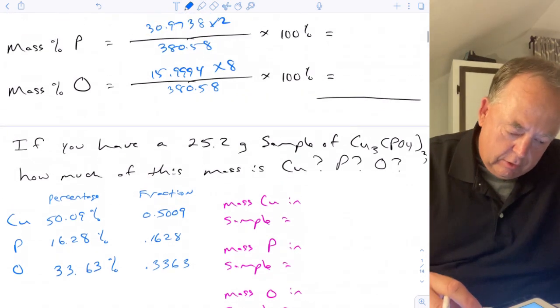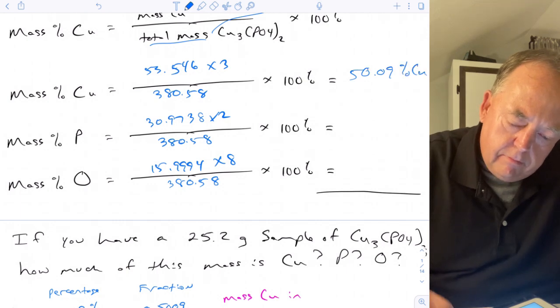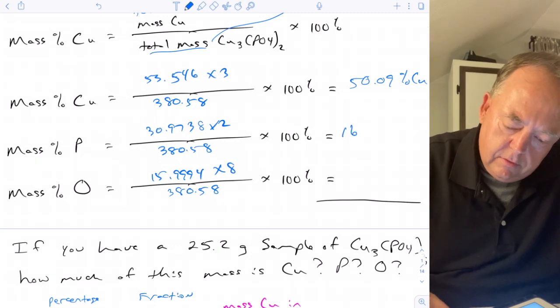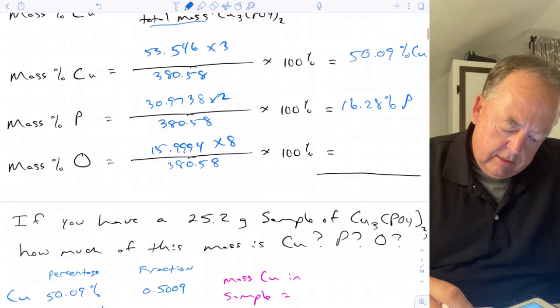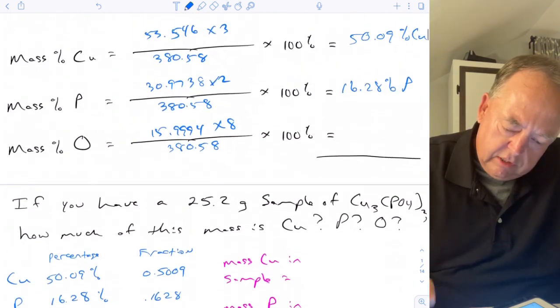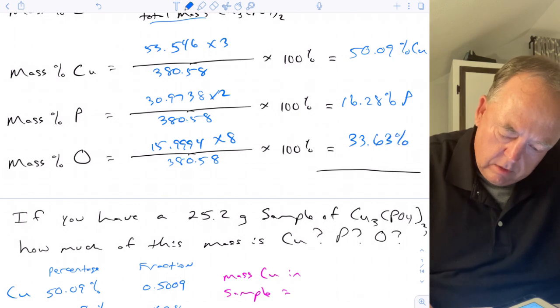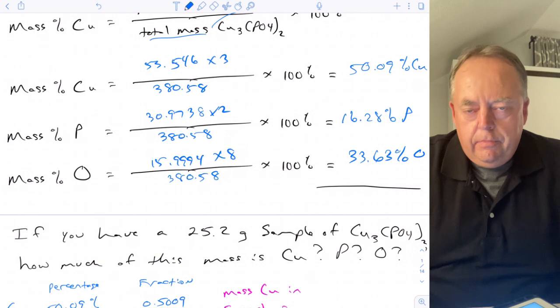So it's 50.09% copper by mass, 16.28% phosphorus by mass, and 33.63% oxygen by mass.